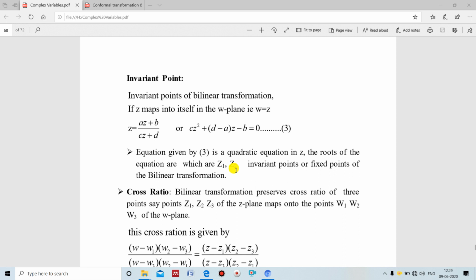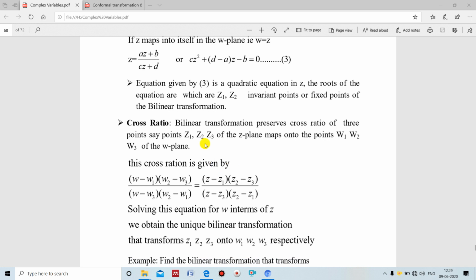So the next definition is cross ratio. Bilinear transformation preserves the cross ratio of 3 points, say Z1, Z2, Z3 of the Z plane mapping onto the points W1, W2, W3 of the W plane.